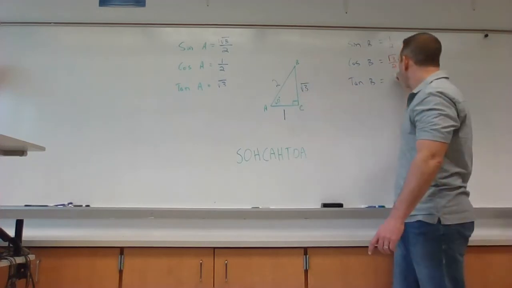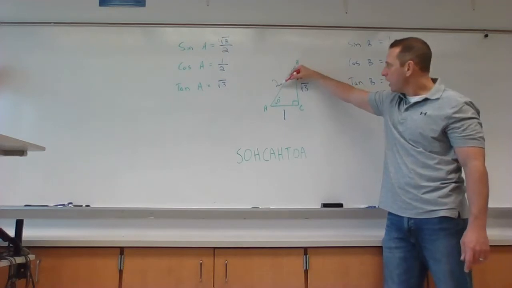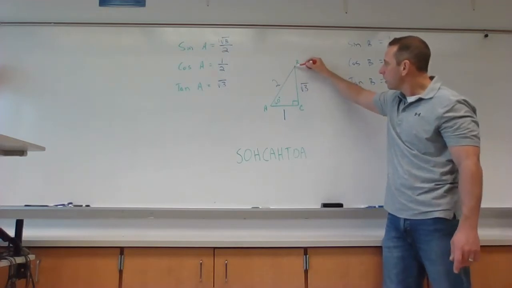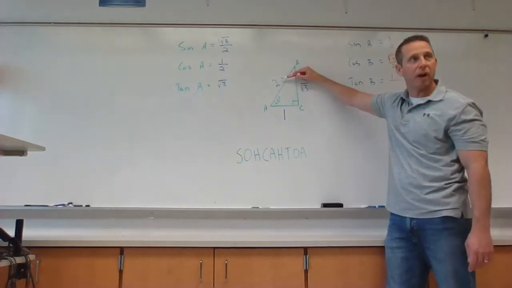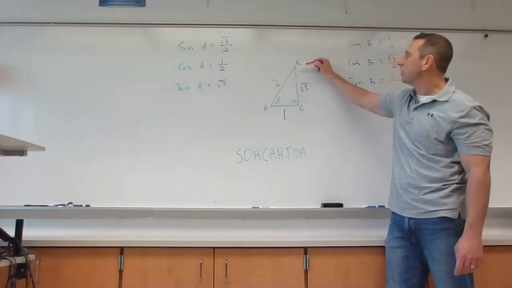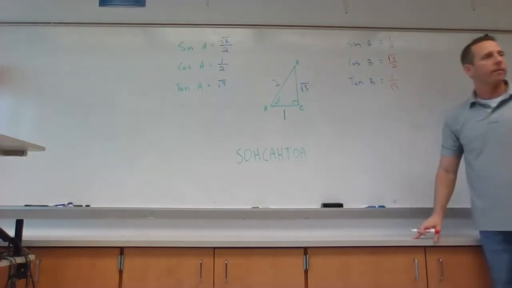That's 1. Which one's adjacent? This one or this one? 3. Well, both of them are adjacent, but this is the hypotenuse. It's the side opposite the right angle. So if that's the hypotenuse, this one has to be the adjacent side, so you get 1 over rad 3.